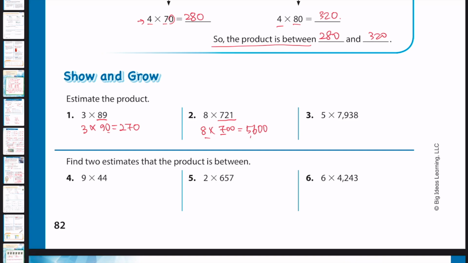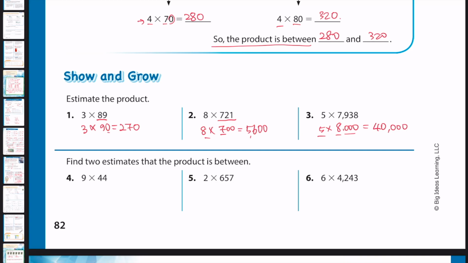Now 7,938 is close to 8,000. 5 times 8,000, right? 5 times 8 is what? 40. And then you need to add 3 more zeros at the end.